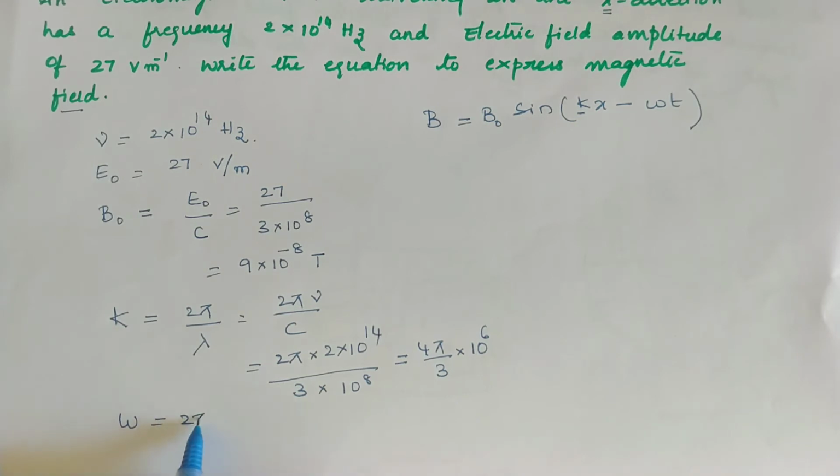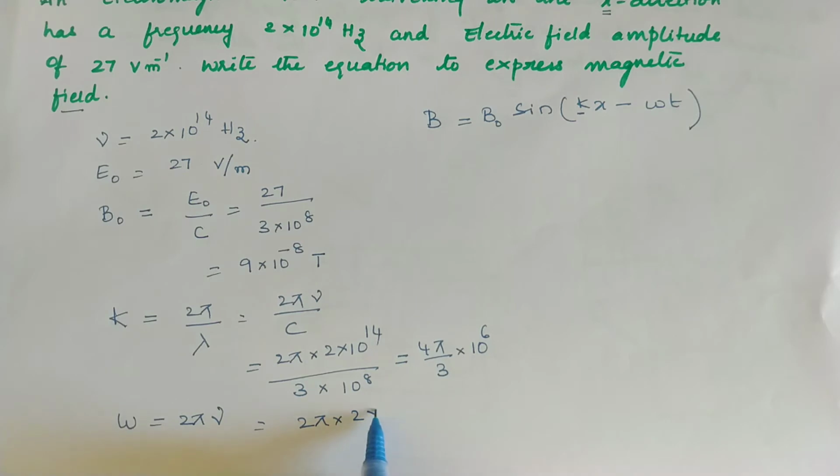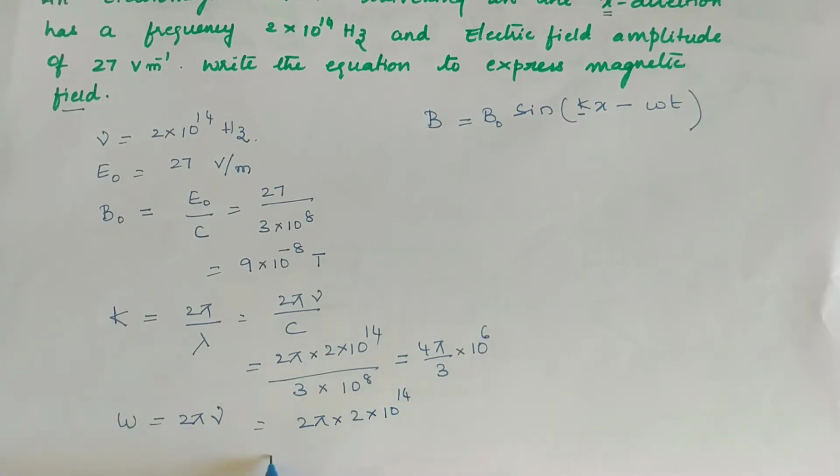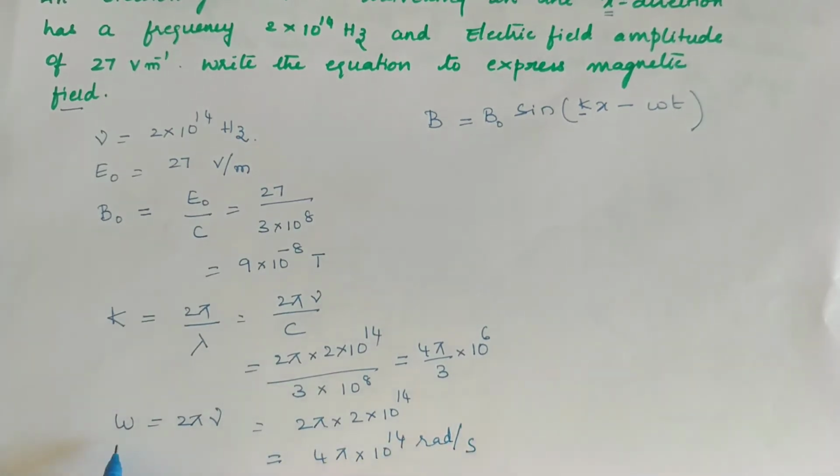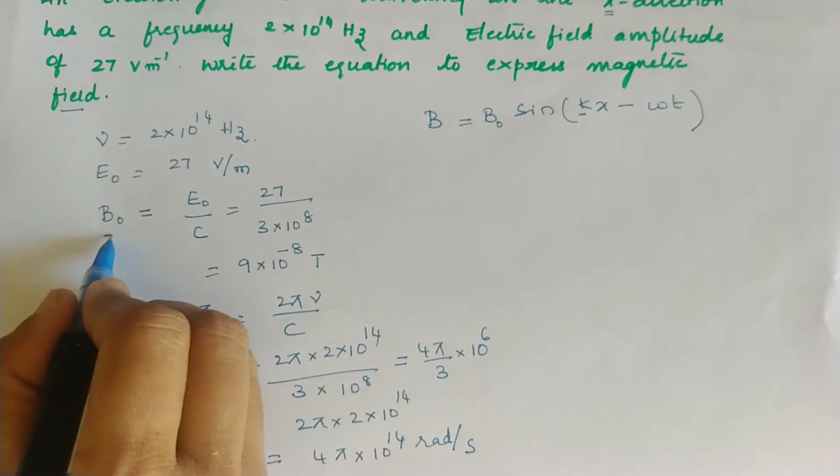And now how to get the value of omega? It's 2 pi into nu. I'll keep it as 2 pi into 2 into 10 power 14 hertz, that is 4 pi into 10 to the power 14 radian per second. So you know omega, you know the value of k and the magnetic field.